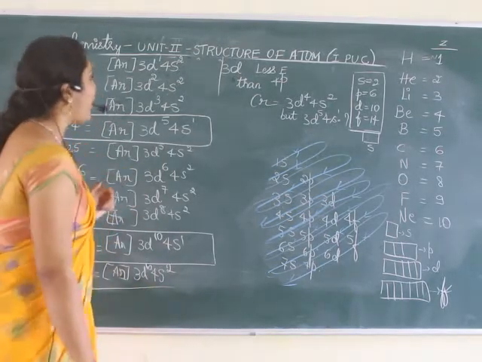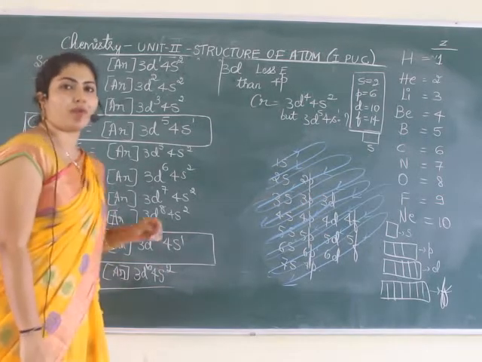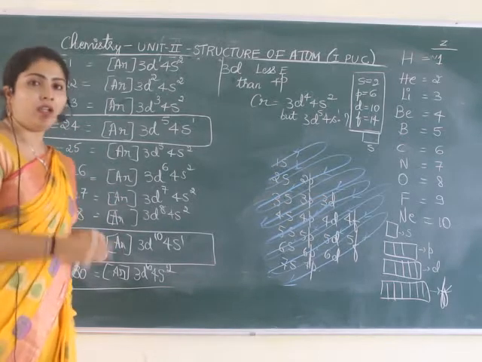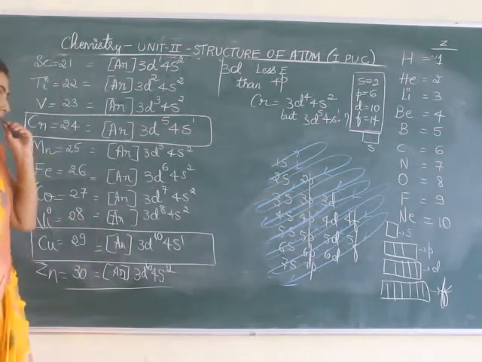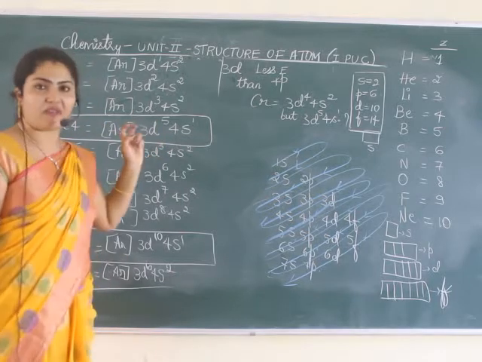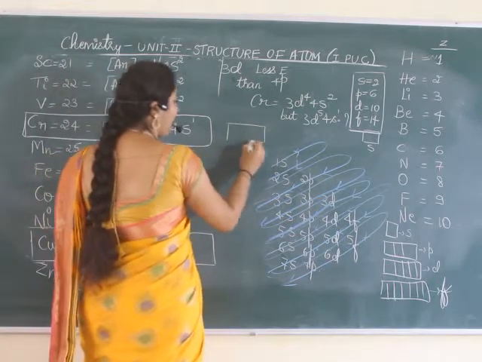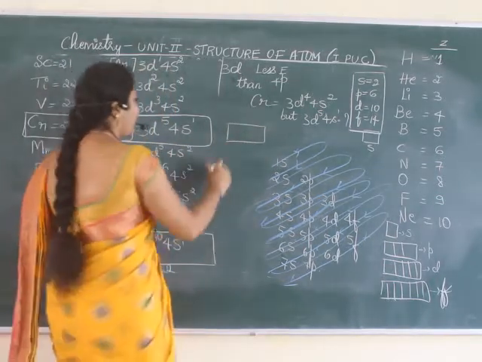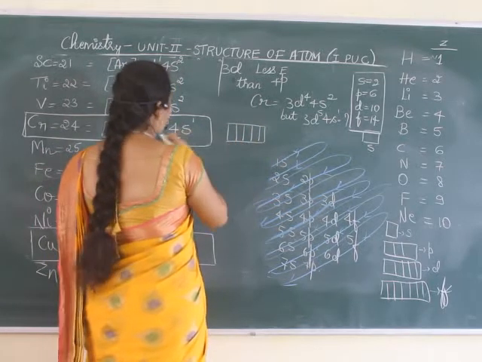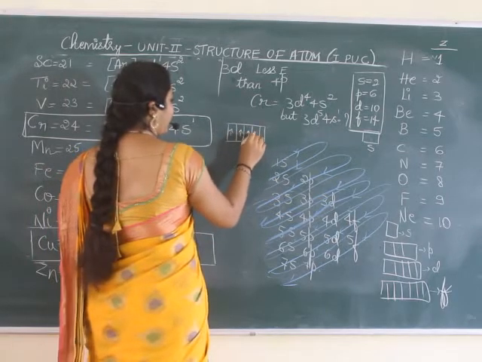Now let me speak about these variations. Why in chromium you see an exception and why in copper you see an exception. These are special cases in the periodic table that we observe. It should have been 3d4 4s2, but it is 3d5 4s1. You know what the reason is? When I write the outer shell electronic configuration, how many electrons? 1, 2, 3, 4.